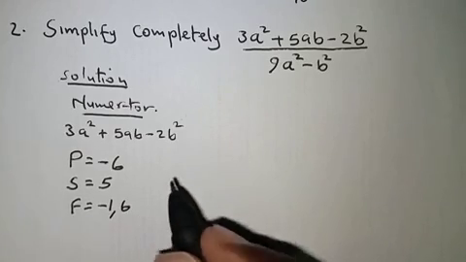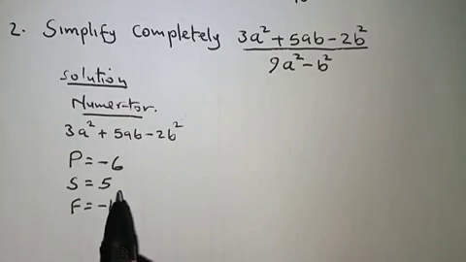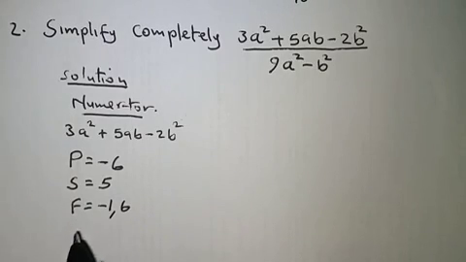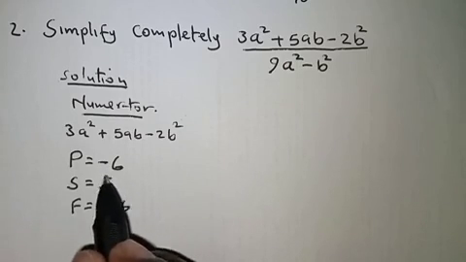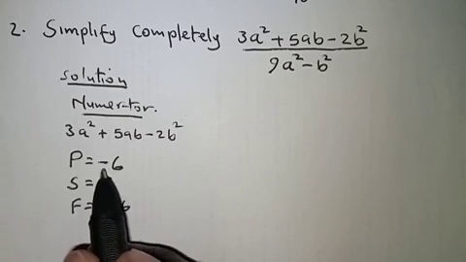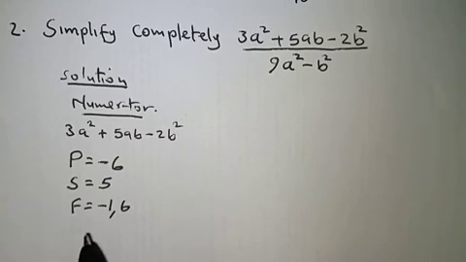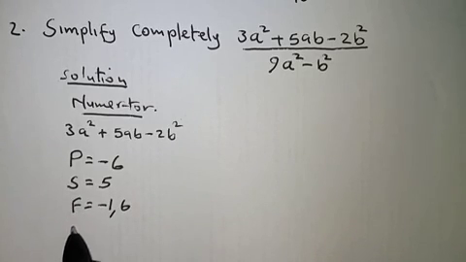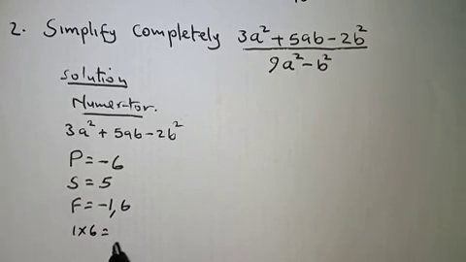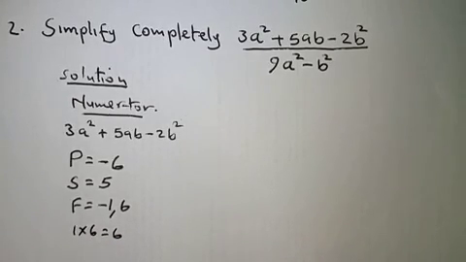Once again, how we come up with these factors: we can just list all the possible factors of this product here, which is negative 6. First of all, I'll assume the positive value, so that we have 1 by 6, which gives us 6. So 1 and 6 are factors.